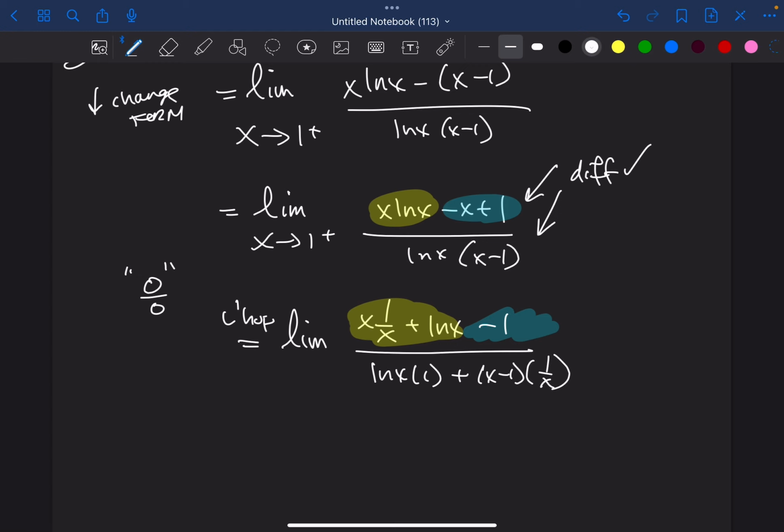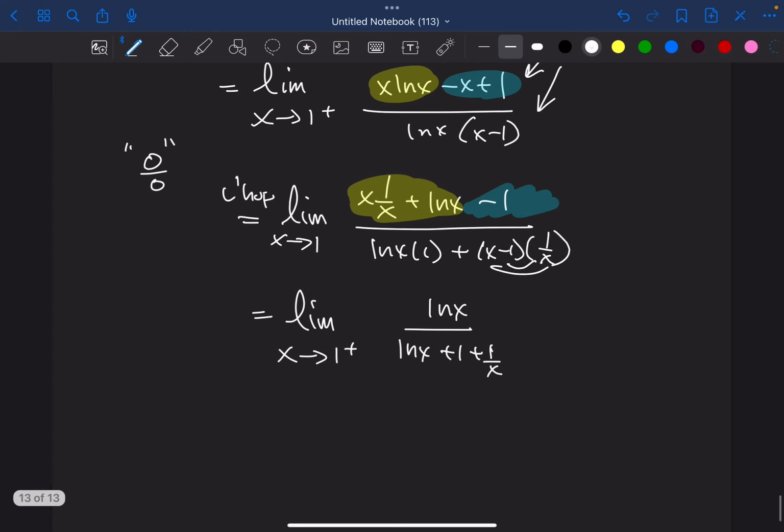That ends up giving us the limit as x goes to 1 from the right of, on top, it just turns into ln x, because that's 1 and that's negative 1, so it goes away. On the bottom I get ln x plus 1 minus 1 over x, because this is that and this is that, yes?